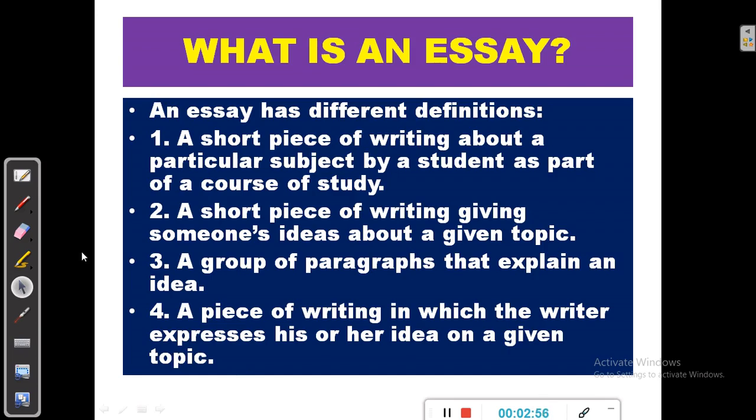In our previous video lectures, we have discussed different forms of writing: how to write an article, how to write a speech, how to write a story, how to write a report, how to write a formal letter, how to write an informal letter. We have delivered these lectures, discussing these various specific forms of writing.